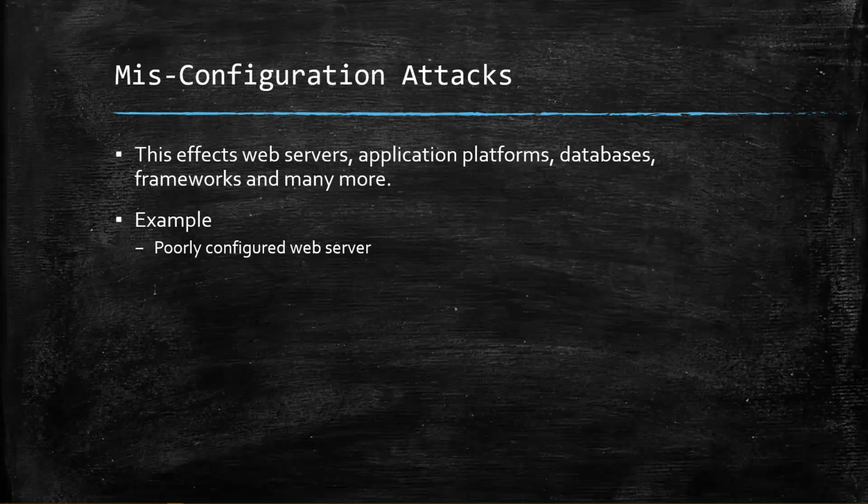Every web server has a backend database server. If no authorization is performed to check whether an authorized person is accessing the database or not, then these things will happen. These attacks are purely based on the configuration you make.